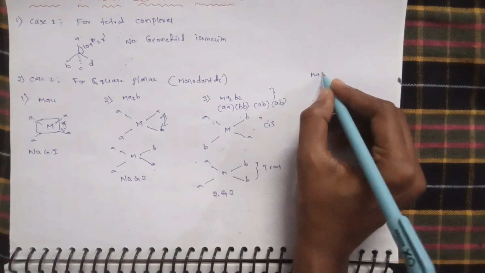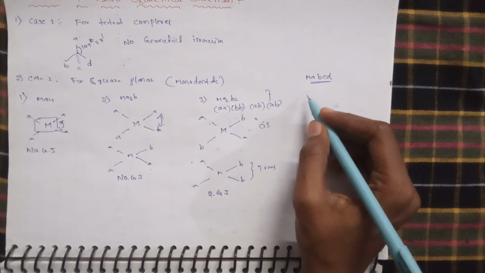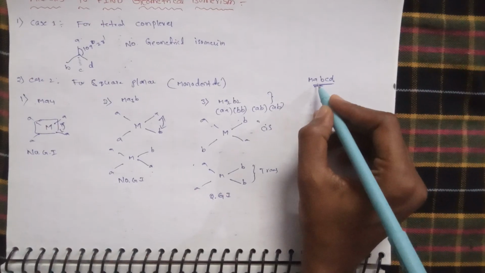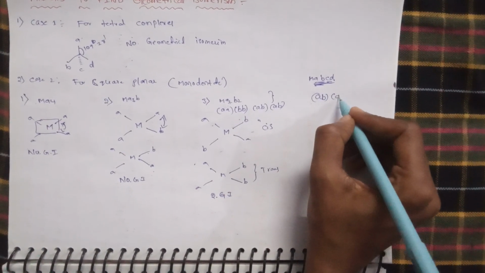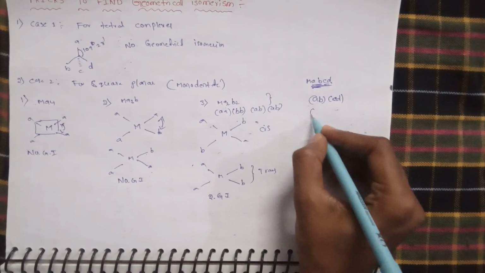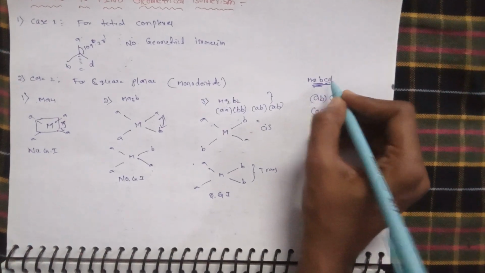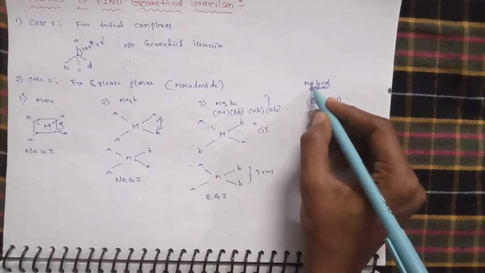For example, take MABCD. How many are possible here? AB, CD is one set, and again AC, BD, and again AD, BC.